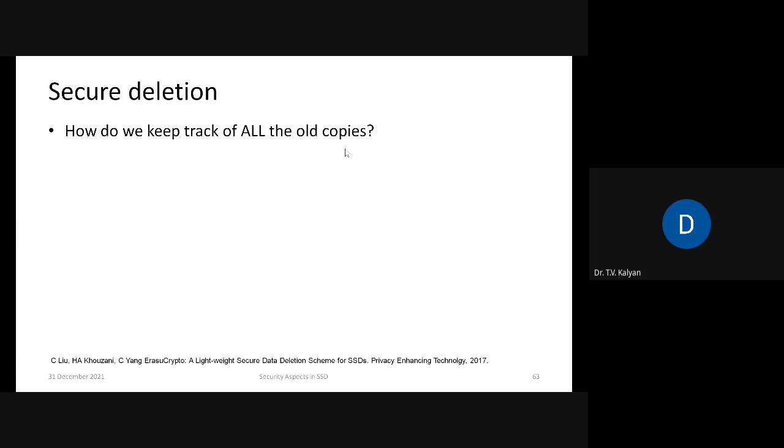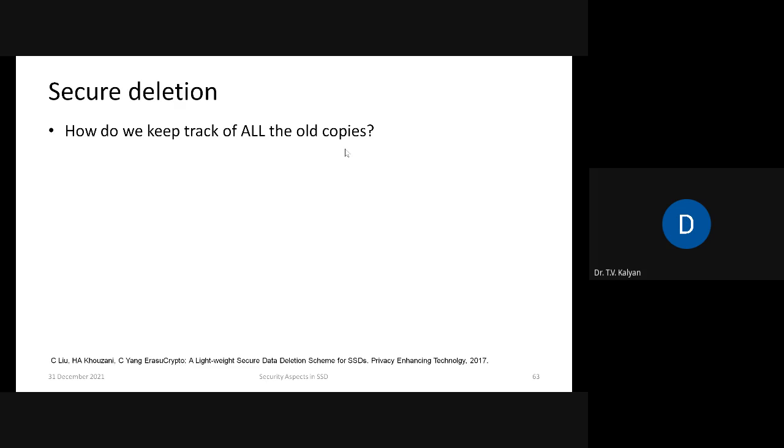If one particular page has been written, let's say 30 times, it means there would be 30 invalid copies in the SSD, and there will be one another copy, the 31st copy, which would have the actual valid data.